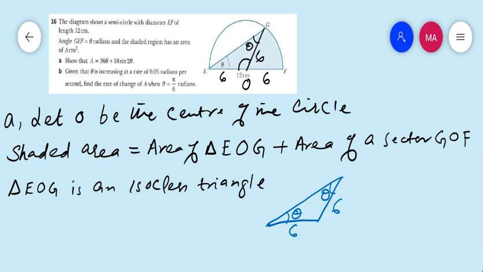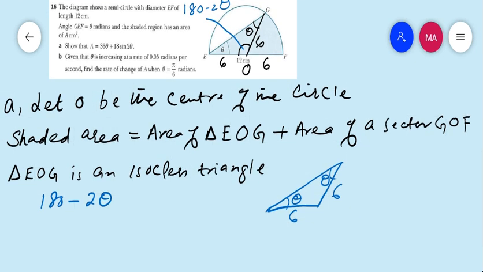So if we have two angles in a triangle, then how to find the third angle? Very easy, just subtract from 180. Theta plus theta is 2 theta. Hence this angle O is 180 minus 2 theta.